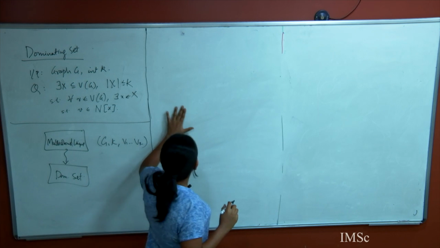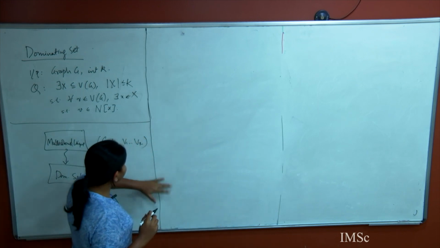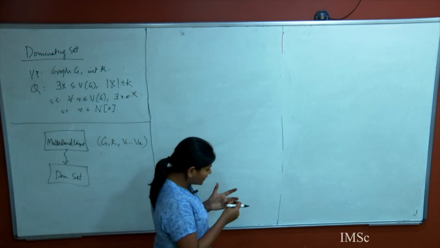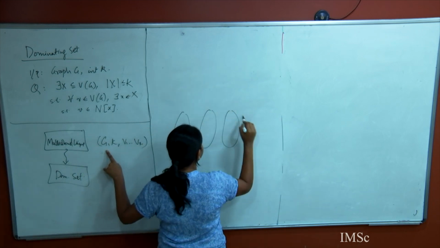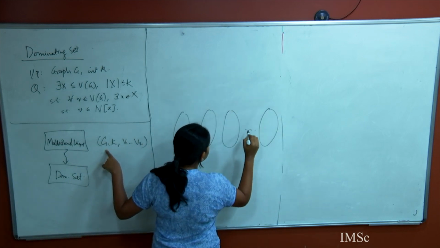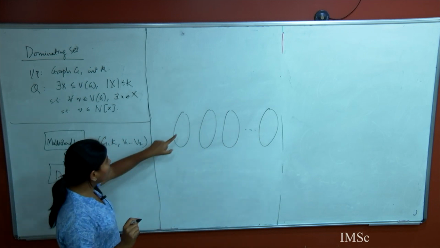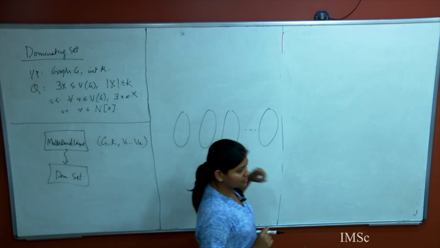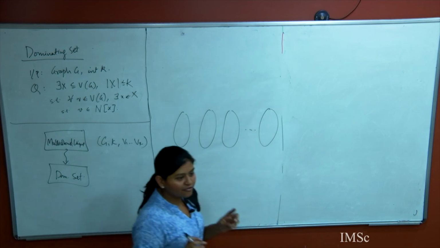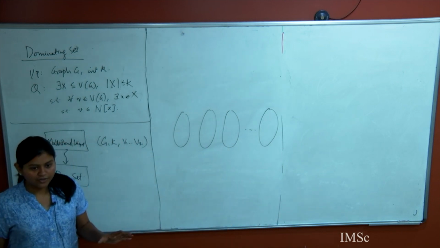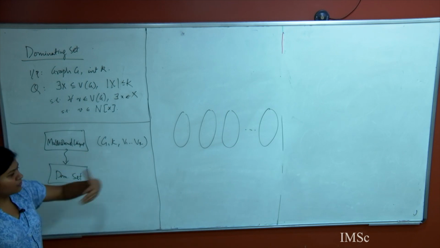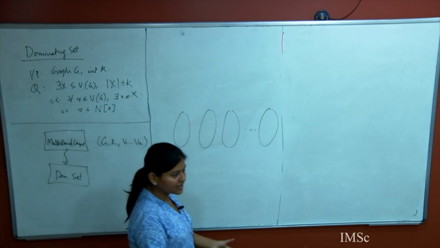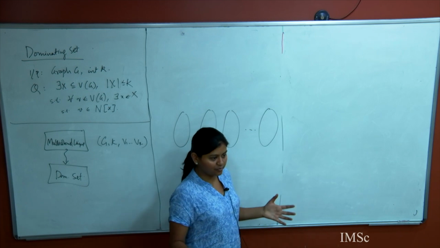Basically, firstly we have to encode what the instance is. We have k parts here. The first thing that we want to encode is that one vertex should be selected from each part. This property comes first, and then we have the additional property that it should be a clique, but let's try to encode the first property.